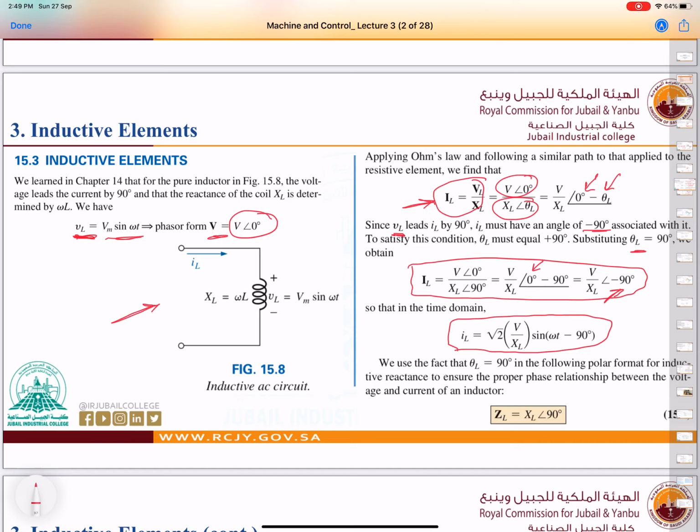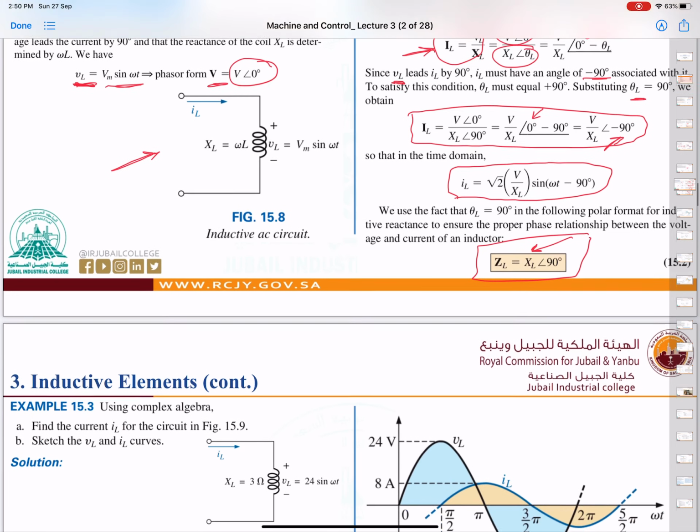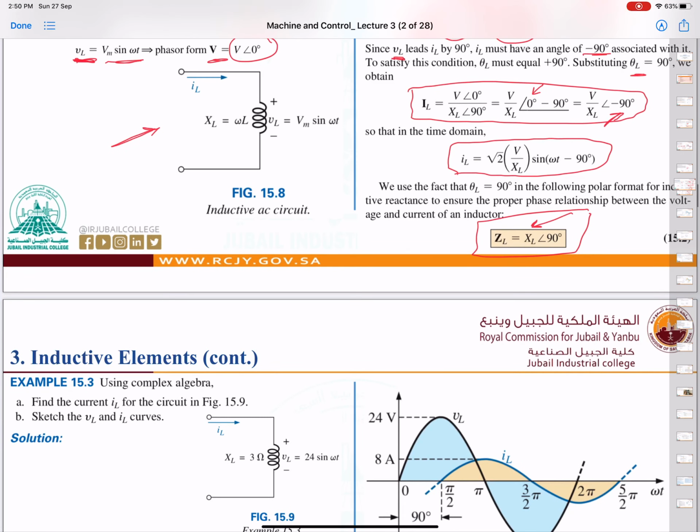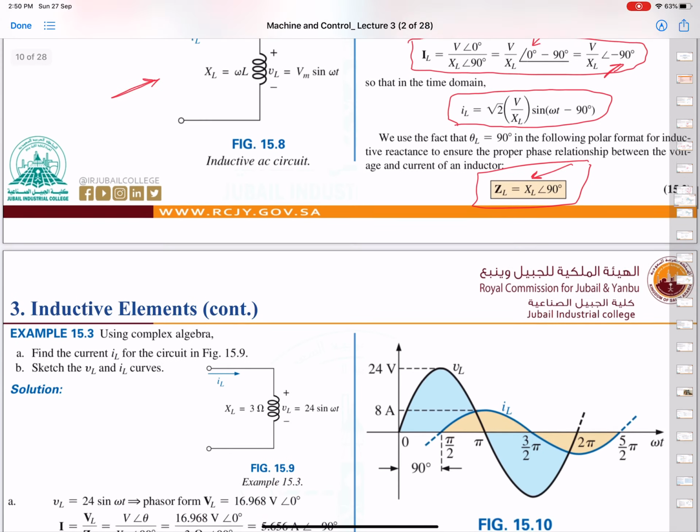Root 2 to find the maximum, right, Shabab? So V over XL, sine omega t minus 90. We know that XL here is impedance with angle, so XL with angle 90. Inshallah, we will see the examples, and you will find it easy. This is just the derivation of the formula.